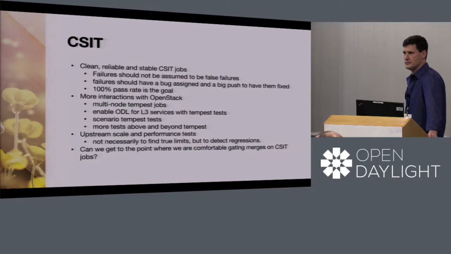But the goals of the scale, performance and stability side are not completely aligned with CSIT testing, because, in large part, the ones that are upstream are just going to be focused on regression, whether or not things go backward. The goal is that you can pull those tests down, run them on real hardware, get some real numbers from those tests, and then have a report on an ongoing basis of what's actually happening in the network. So I guess that's all I'd say.